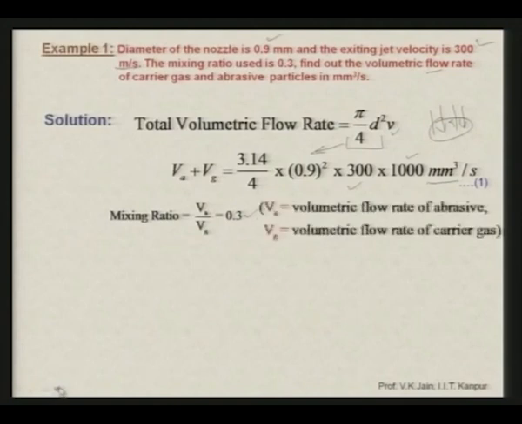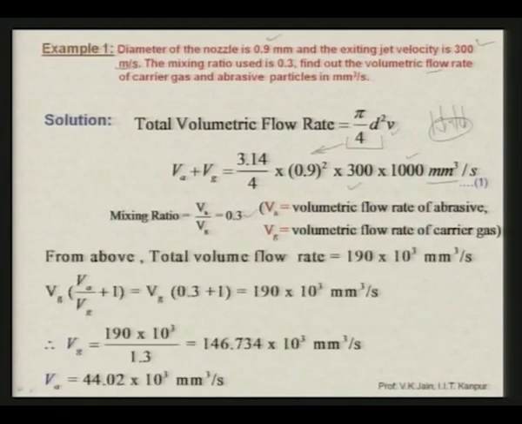V A is the volumetric flow rate of abrasive and V G is the volumetric flow rate of carrier gas. If you calculate the values, you will get 190 multiplied by 10 raised to power 3 cubic millimeter per second as the total volumetric flow rate.